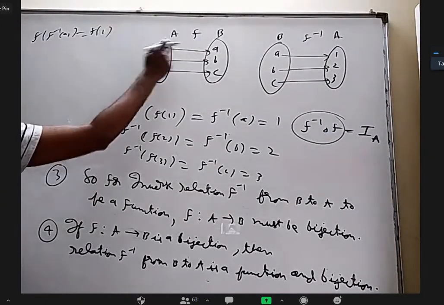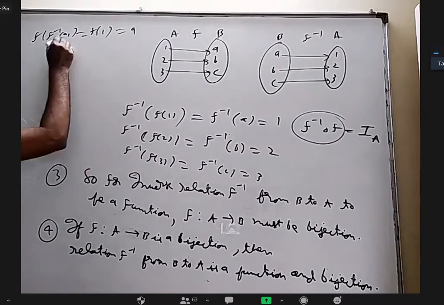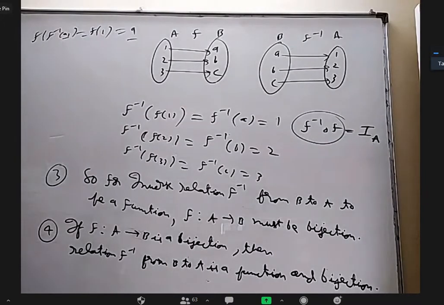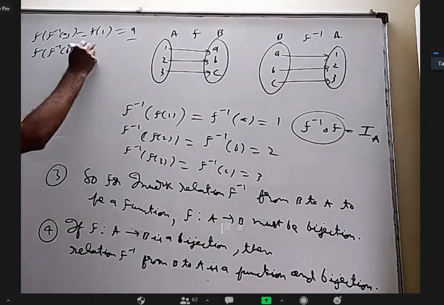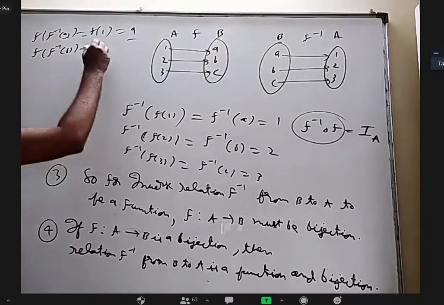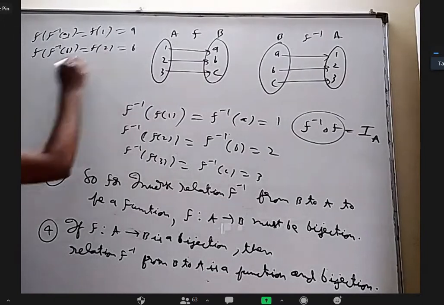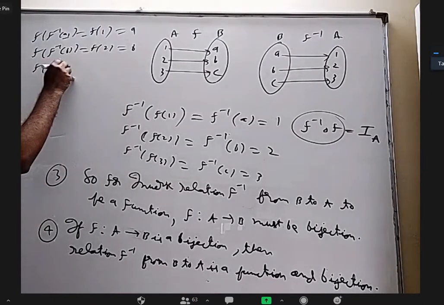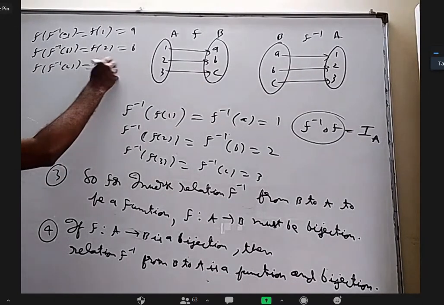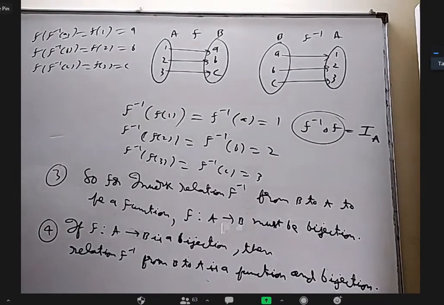And what is f of 1? A. So here also the image of A comes. Similarly, f of f inverse of B is f of 2, which is B, and f of f inverse of C is f of 3, which is C.